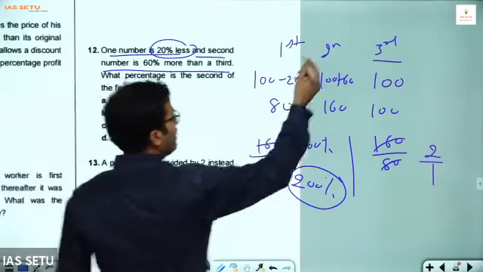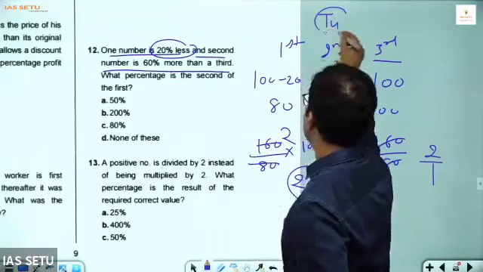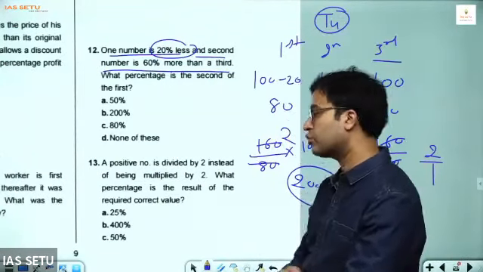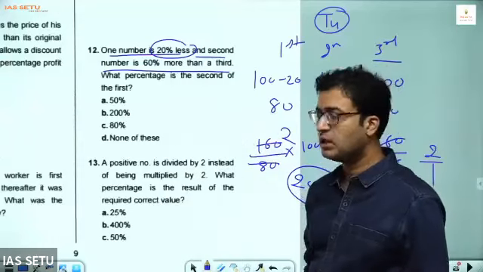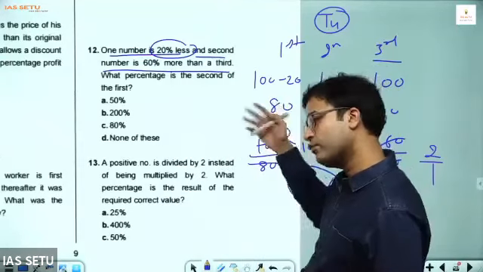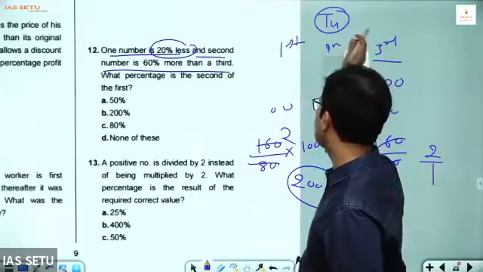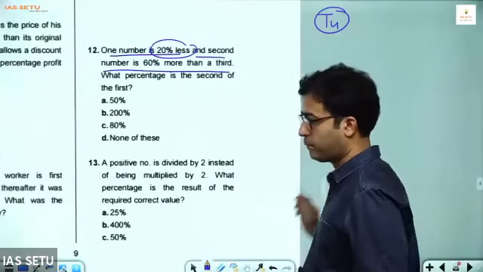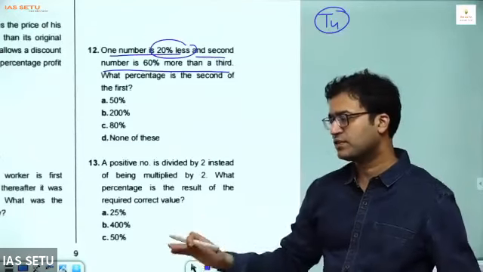Next is type 3, clear to you? If the third number is less than the first number, here we take a reference and then calculate accordingly. Start with reference, go step by step, you will handle.